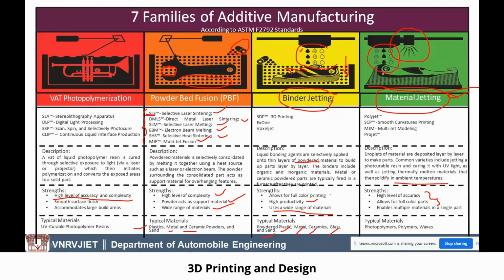That means you can produce different materials in a single component. The typical materials are photopolymers, polymers and waxes we are going to use under this process, not metals. Soft materials like polymers, plastics, and waxes.